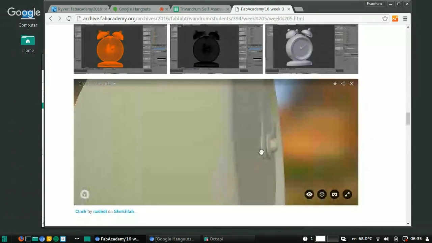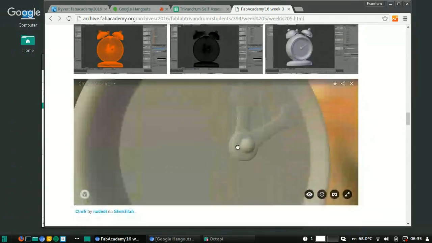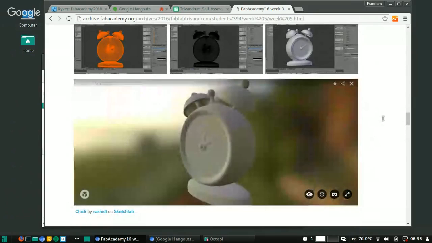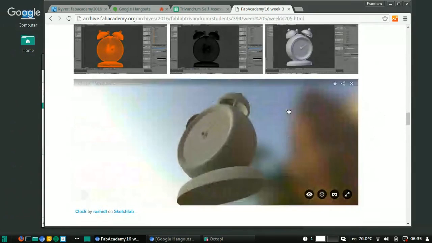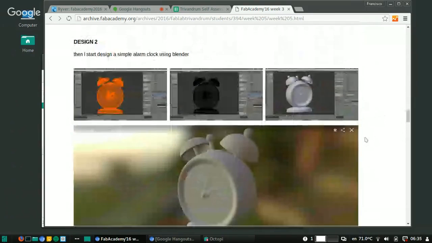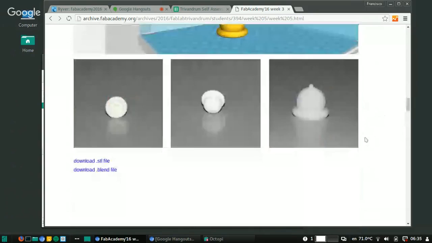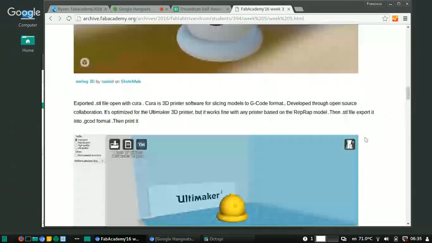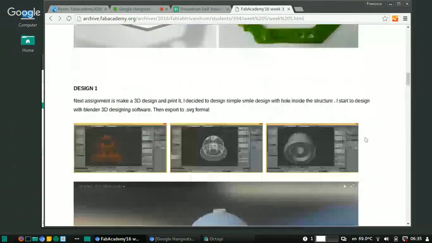All of this, they will want to know. If you have done this, they will want you to explain how you did this, because it's important that it must be your own design. So you have to explain like this also.